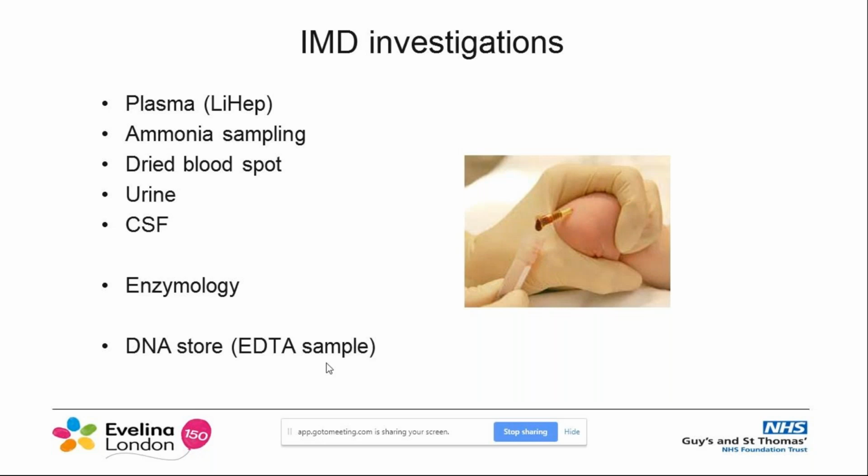Dried blood spots are useful for us for a number of tests. Urine is also useful, as is CSF. And then enzymology can be on blood or on various tissues. And we would often require DNA storing, particularly in the acute situation if a neonate is not going to survive their acute decompensation. If we want to ultimately make a diagnosis, it would be useful to have a stored sample.